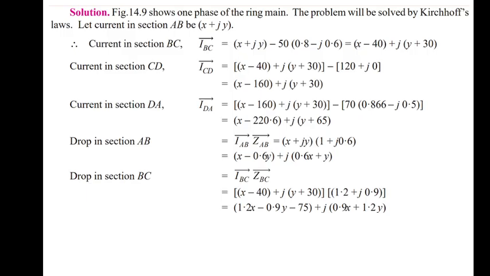This systematic approach is essential for analyzing ring distribution systems accurately. So we have these unknown variables, and then we can calculate the current in sections BC, CD, DA, and the voltage drop in AB and BC.